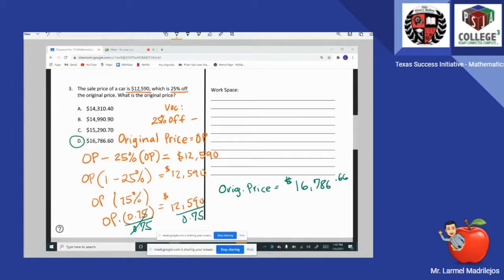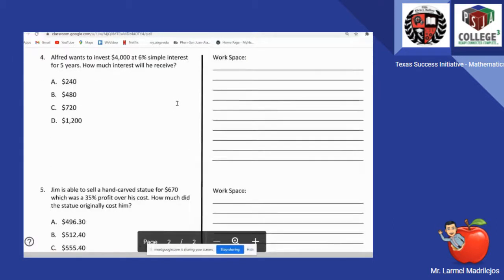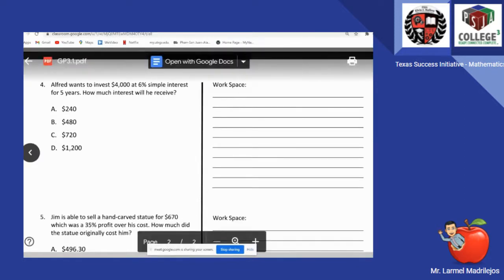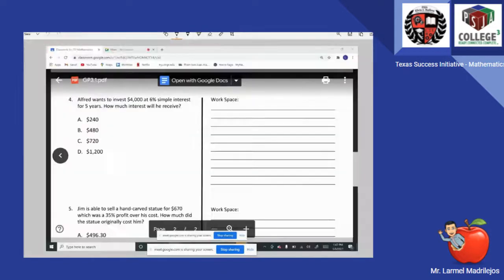Next question. Oh, there's two more questions. Alfred wants to invest $4,000 at 6% simple interest in 5 years. There are so many numbers. How much interest will he have?